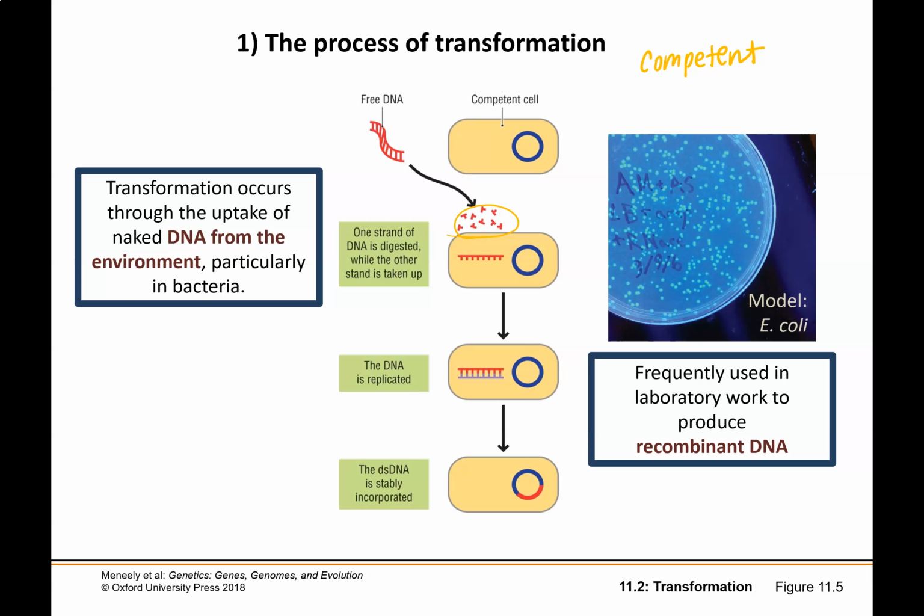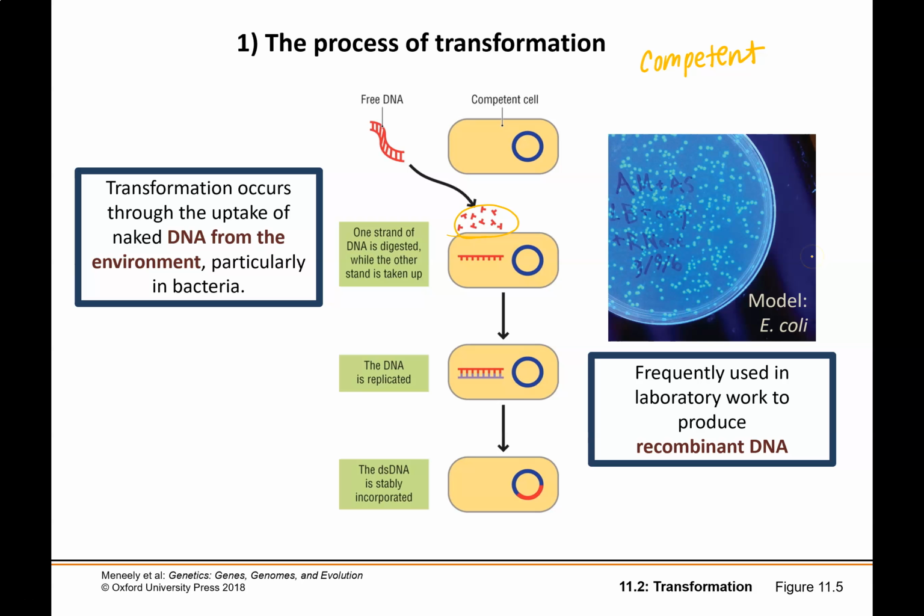So even among billions of bacteria, very few will actually be transformed. Once that linear single-stranded piece of DNA is taken up, that DNA is replicated by machinery within the cell and made double-stranded. Once it is made double-stranded, it can be integrated into the genomic DNA. Once it is double-stranded, it's more stable and can be incorporated into that double-stranded piece of genome.